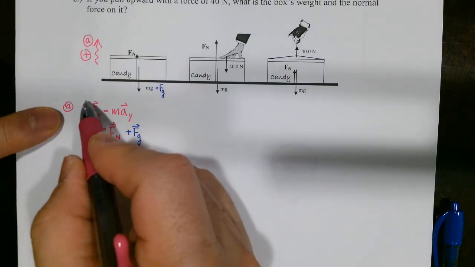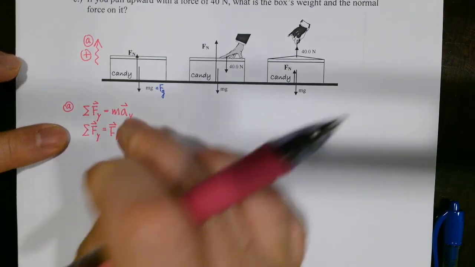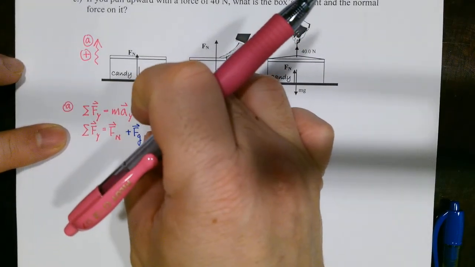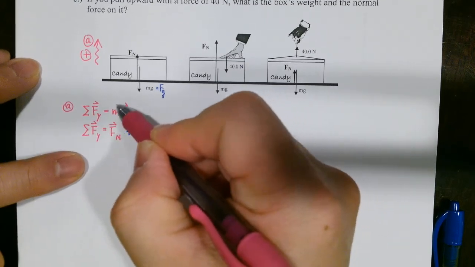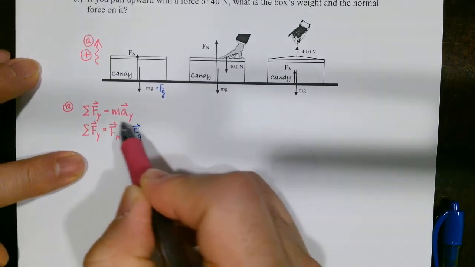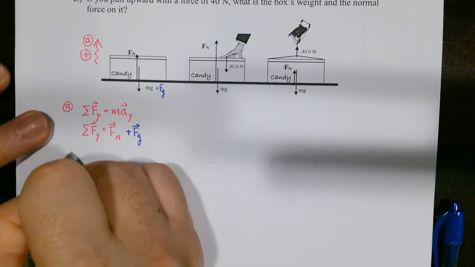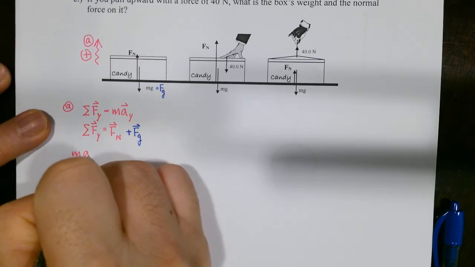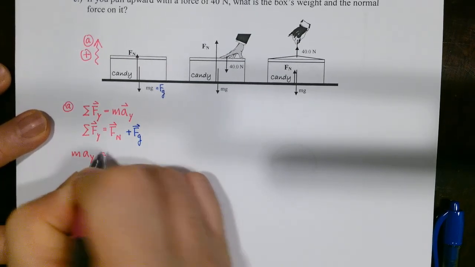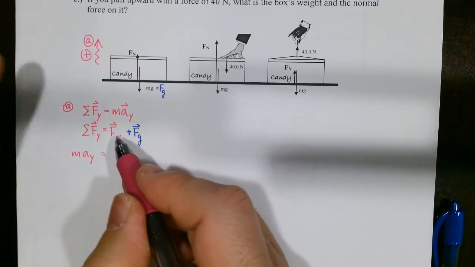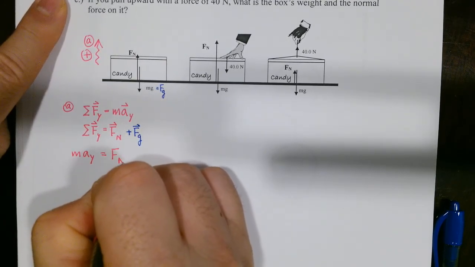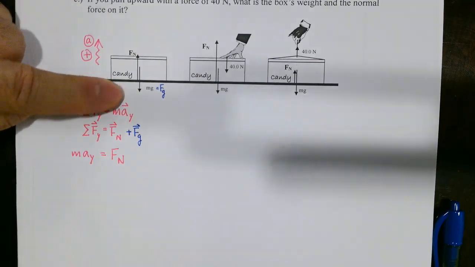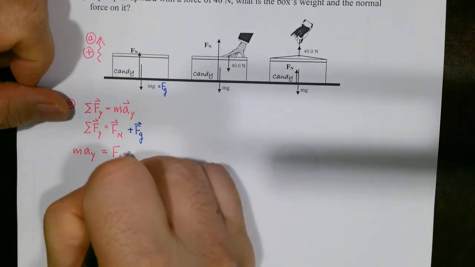So if I set these two net forces equal to each other, because this is identical to this, this must be equal to this. So I can say m a y is equal to F normal, positive. So I'm going to keep that as positive. Fg, downward direction, I'm going to keep that as negative.